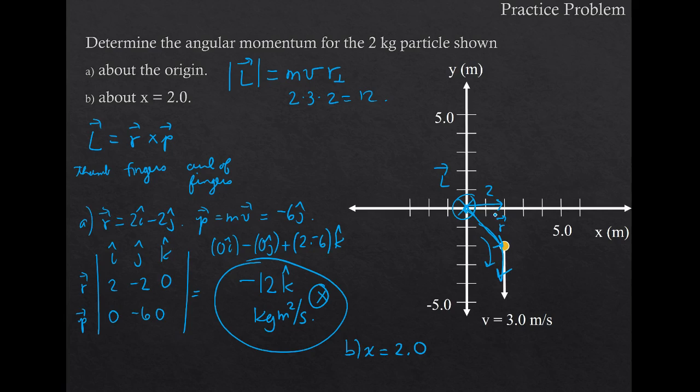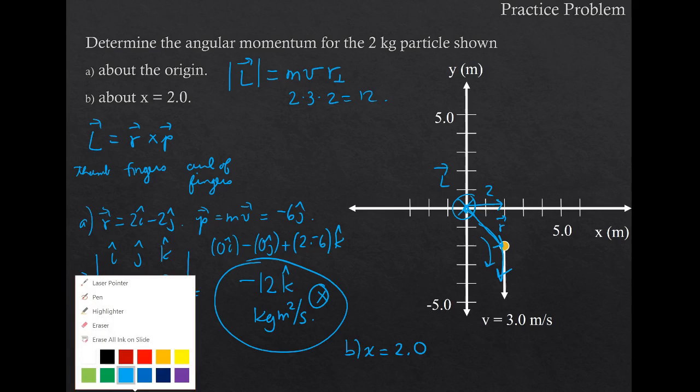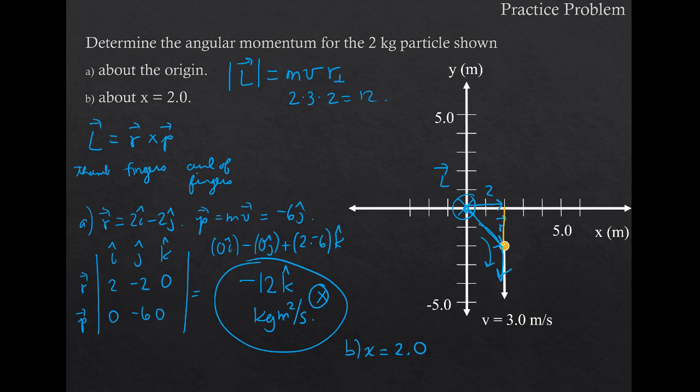This is going to be pretty easy. I'm just going to draw this r vector in orange. Okay, so that's r, x is 2.0, because we draw it from our point of rotation to the particle, and because r is parallel to p, this means that the angular momentum will be 0.